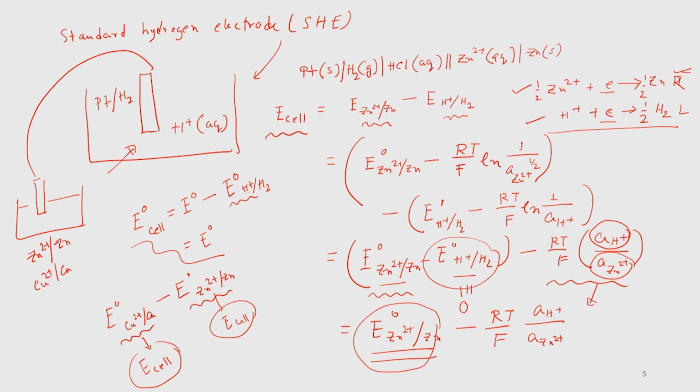You take one half cell, already measured with respect to the standard hydrogen electrode, so that you know the E0, and you take another half cell, and then you see that if I do the right minus left, whether the E cell has a positive value. If it is positive, then the way we have written it is correct. Otherwise, if we find that it is negative, then the right cell which we have considered should be the left cell, and the left cell should be the right cell. So, the direction of electron flow will change, the cathode will become the anode, and the anode will become the cathode.